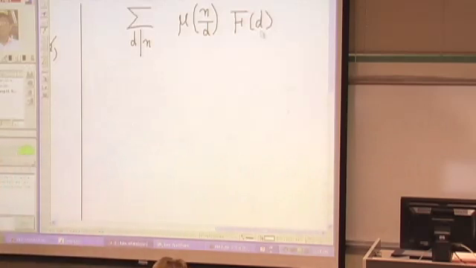So I will show that this will result in lowercase f of n. Do you get it? Then it's the proof, right?